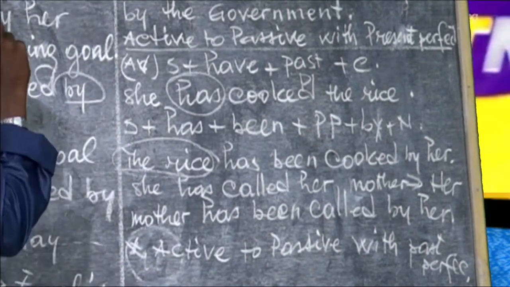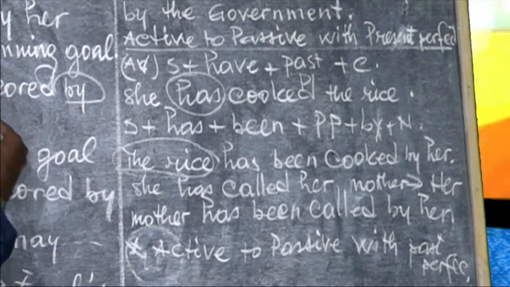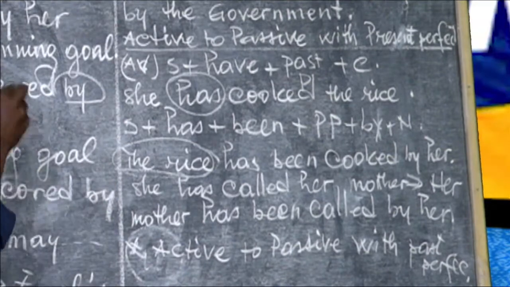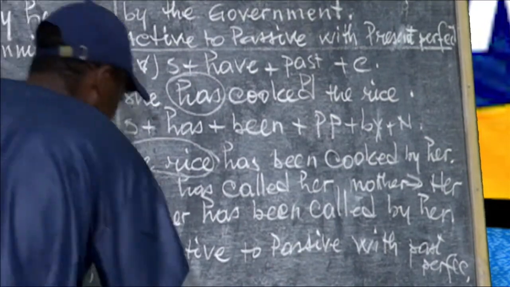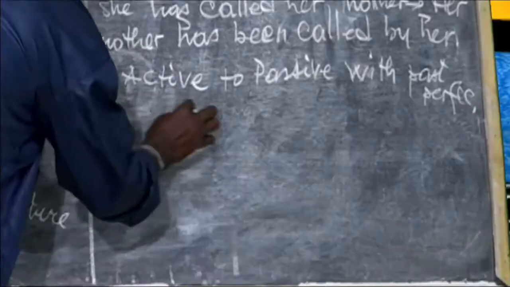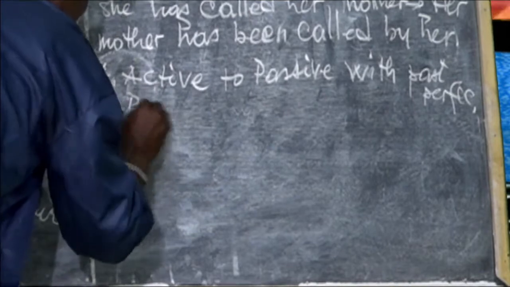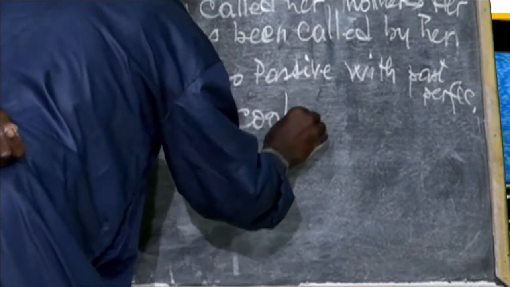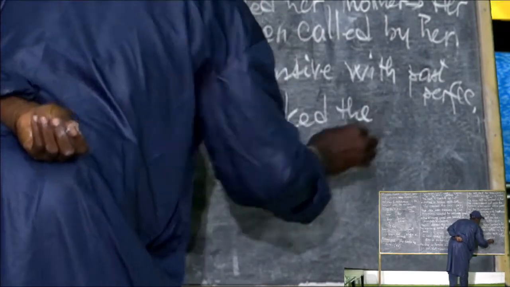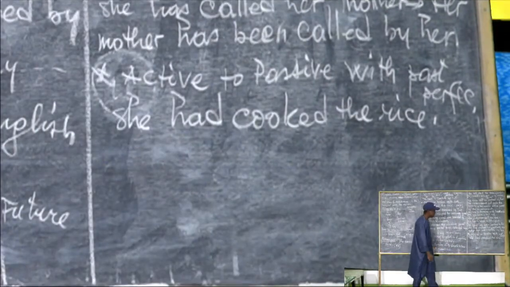In this case, you have to be very flexible, very attentive, very careful to understand the way that I'm forming my sentences. Wherever you use what I'm telling you right now, you won't have problems because everything is clear, everything is well done. Thank you very much for your understanding. So, passive with past perfect. She had cooked the rice. Yes, she had cooked the rice.